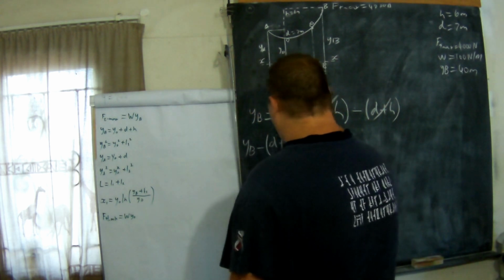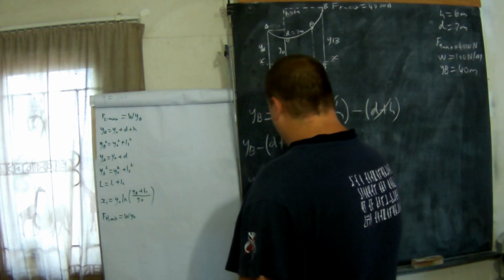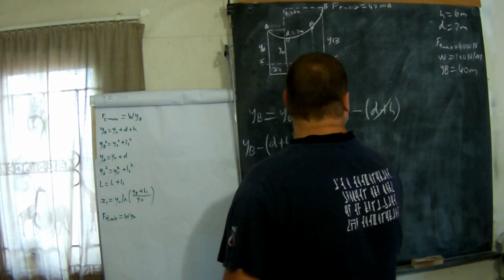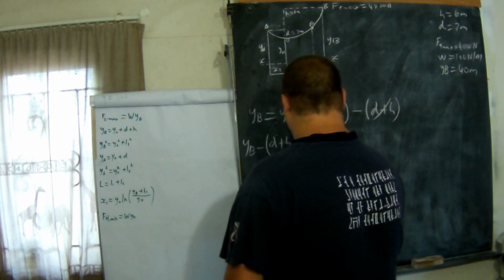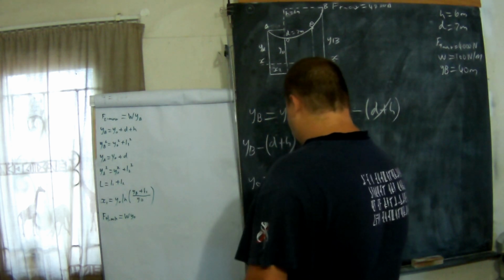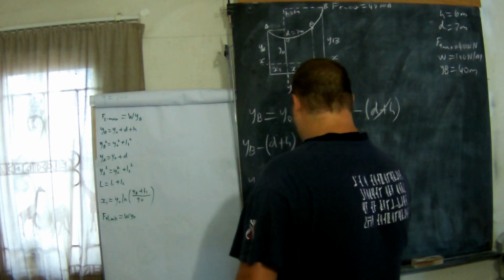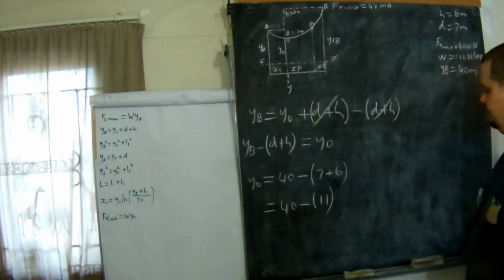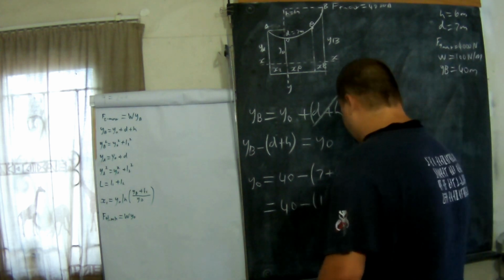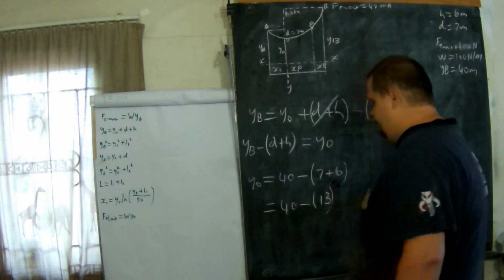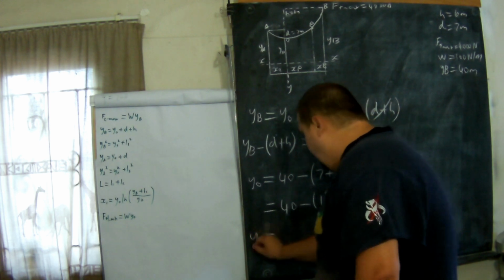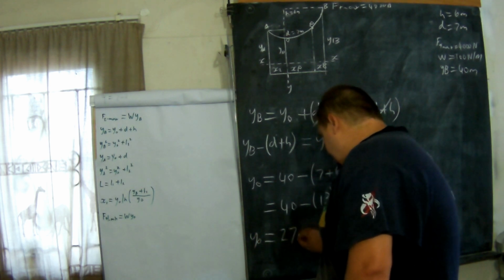Now, YO is equal to 40 minus (7 plus 6), which is 40 minus 13. So YO is 27 meters.